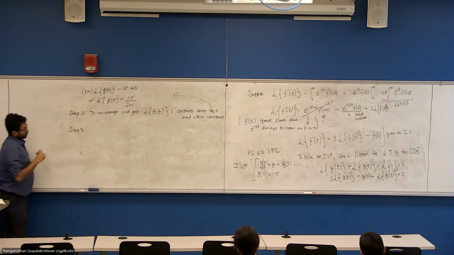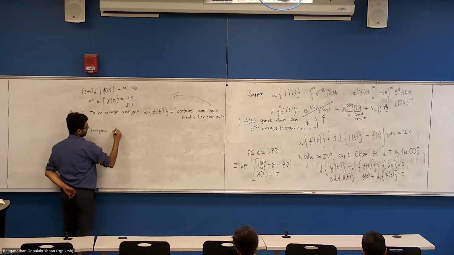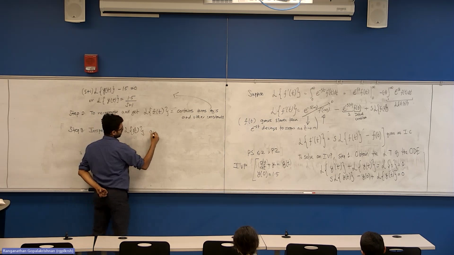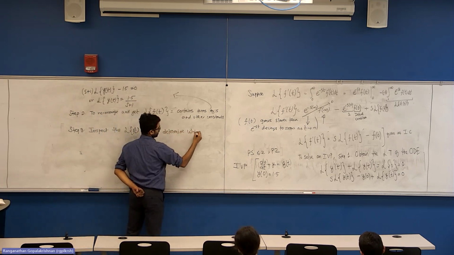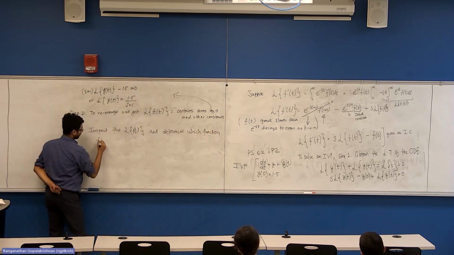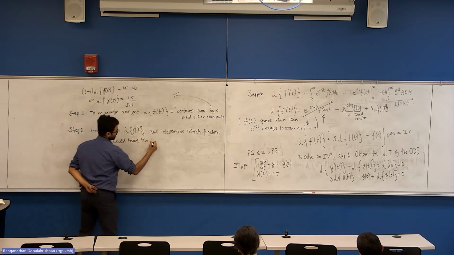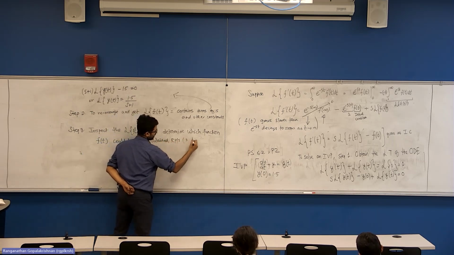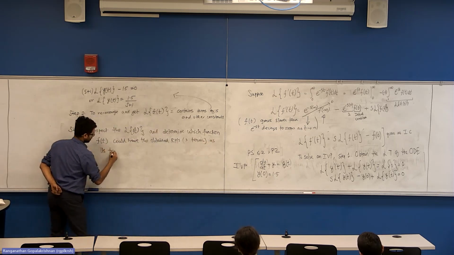Step 3, inspect the Laplace transform of f of t and determine which function f of t could have the obtained right hand side containing the s terms as its transform.